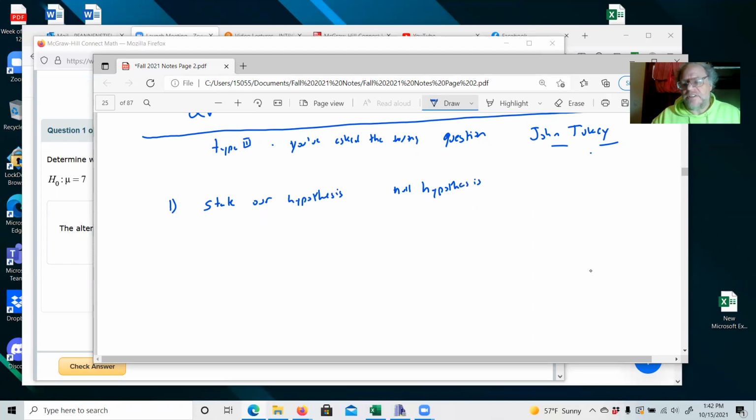This is the status quo. If my cereal box says that there's 16 ounces of cereal in this box, that's the status quo. That's what the manufacturer said. If my computer says this memory card is good for 1,000 hours, whatever it is, my null hypothesis is that it's 1,000 hours.